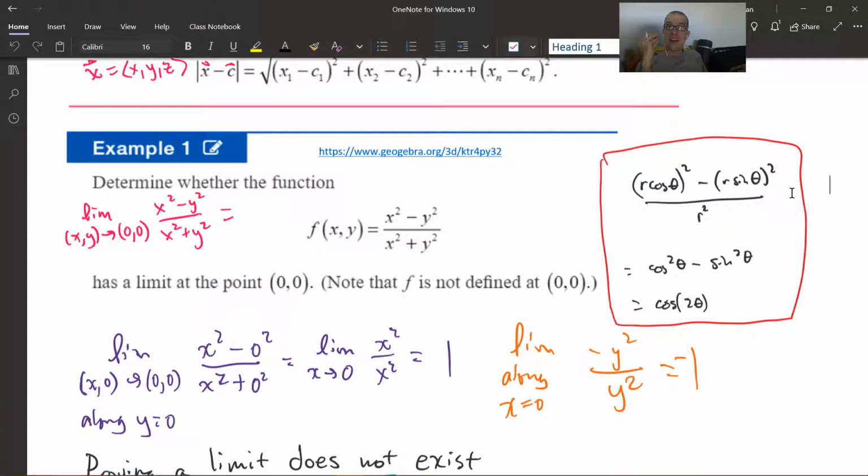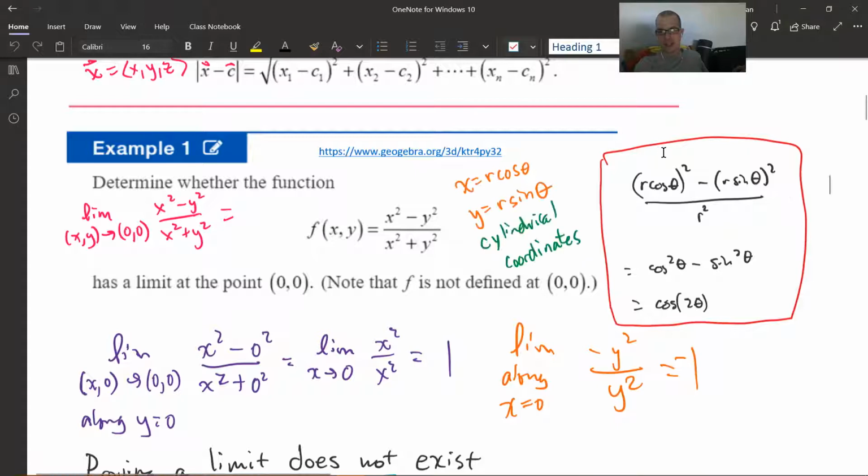But in a 3-dimensional context, when you're using polar coordinates for the xy plane, and then you're tacking on a z value on top of that, there's actually a special name for this, and it's called cylindrical coordinates.